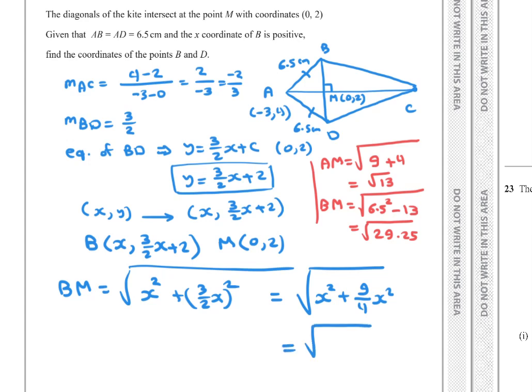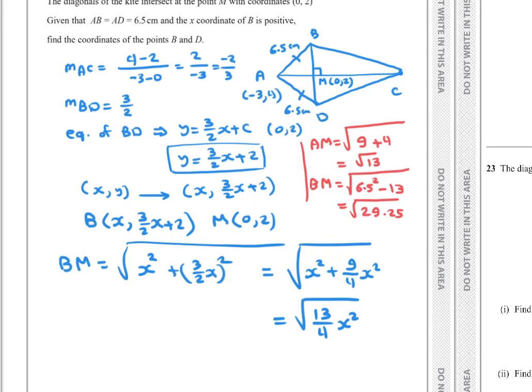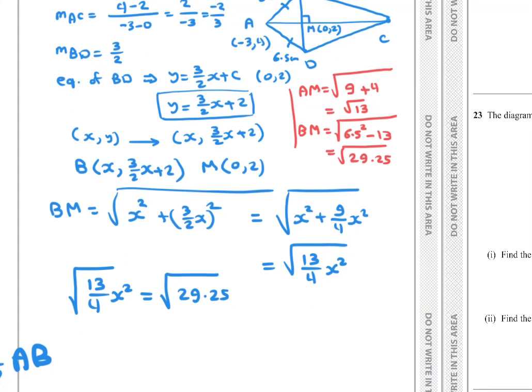equals square root 13 over 4, because 1 plus 9 over 4 equals 13 over 4, so 13 over 4 X squared. Now square root 13 over 4 X squared equals square root 29.25, so 13 over 4 X squared equals 29.25 by squaring both sides, so cancel the square root.